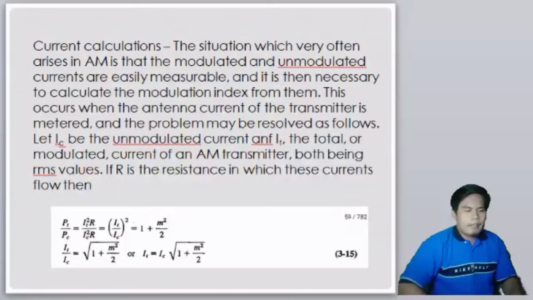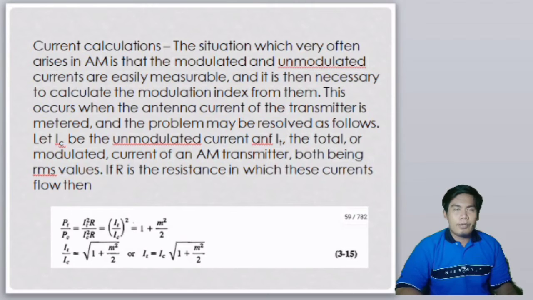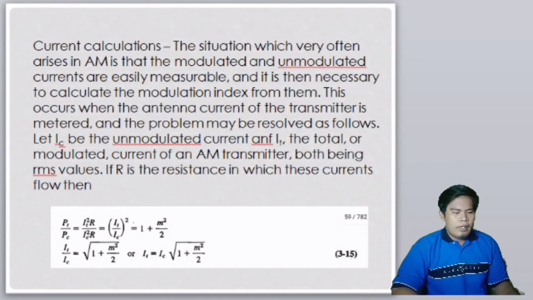Current calculation. The situation which very often arises in AM is that the modulated and the unmodulated currents are easily measurable, and it is then necessary to calculate the modulation index from them. This occurs when the antenna current of the transmitter is metered, and the problem may be resolved as follows.